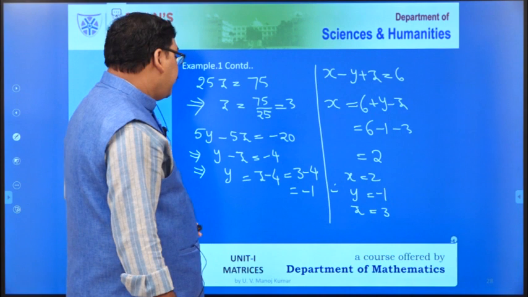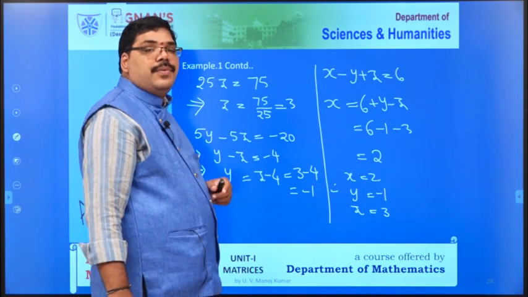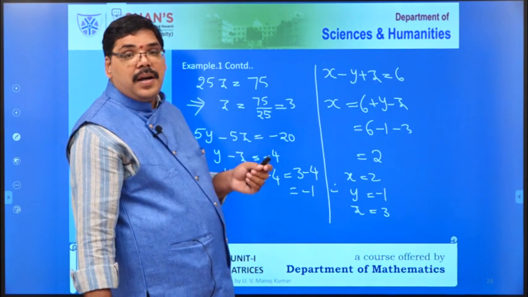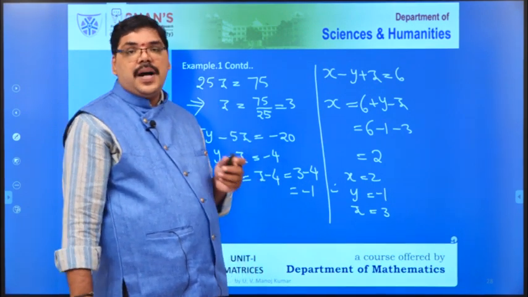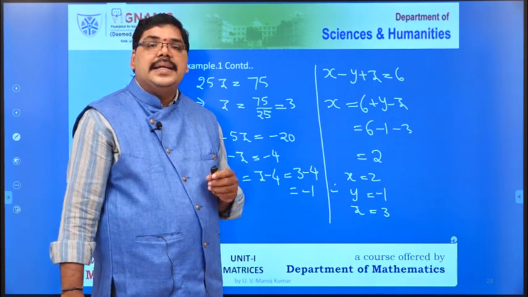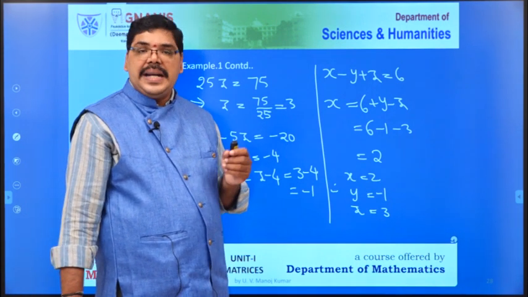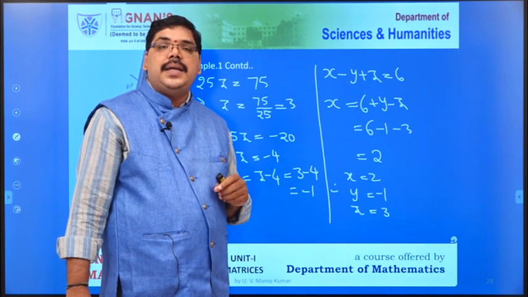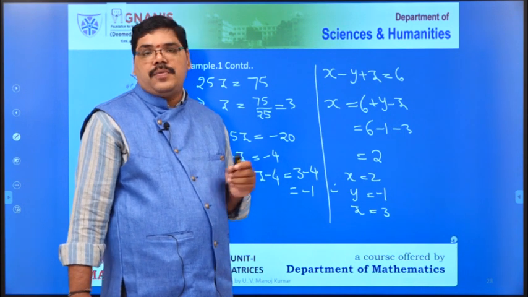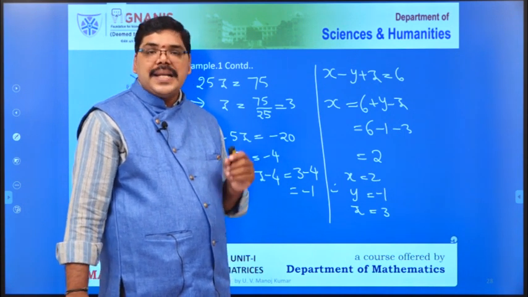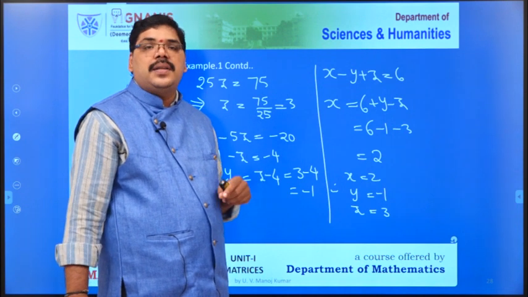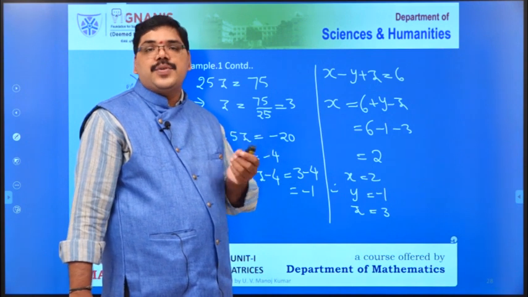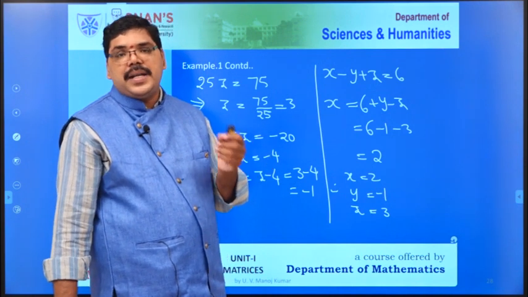So the solution is x equals 2, y equals minus 1, z equals 3. This is what the Gauss elimination method is. In the Gauss elimination method, we write the given system of equations in matrix form, and then we apply row operations on both A and B to reduce matrix A into echelon form. Then by back substitution, starting from the third equation and substituting the variables into the above equations, we get all the values of the variables, which is our required solution.